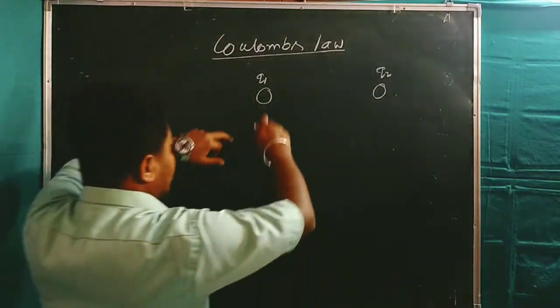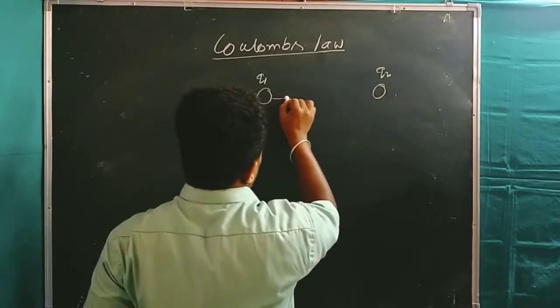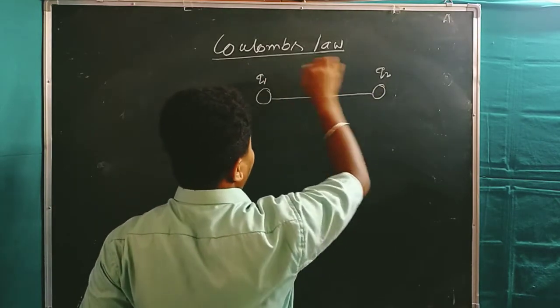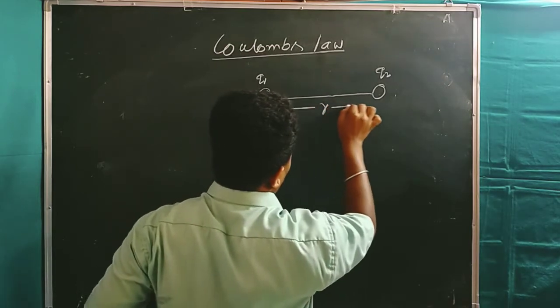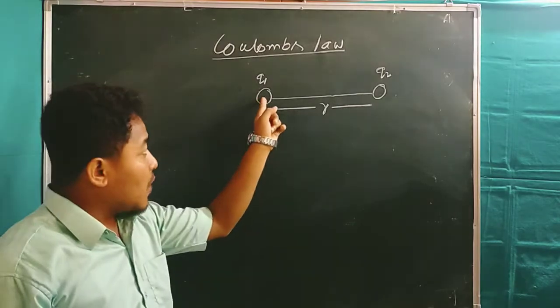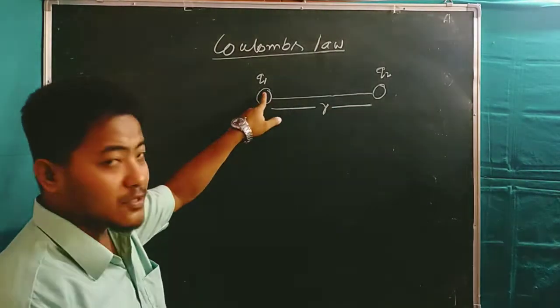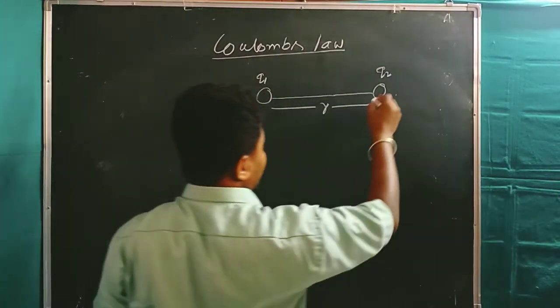So I am considering both Q1 and Q2 to be positive now, and the distance between Q1 and Q2 is r. Since Q1 is positive and Q2 is also positive, the directions of force will be this way.